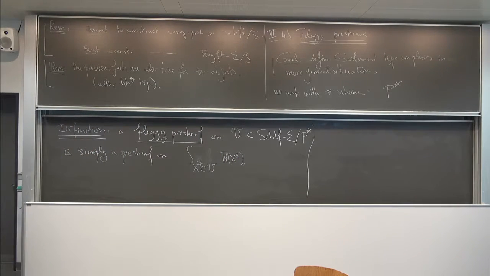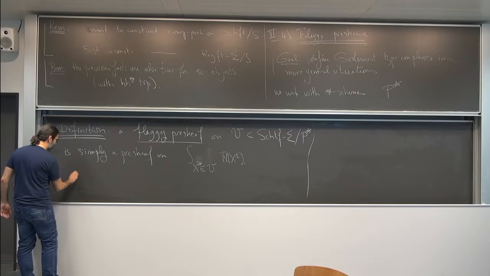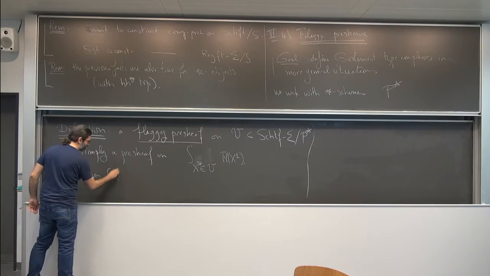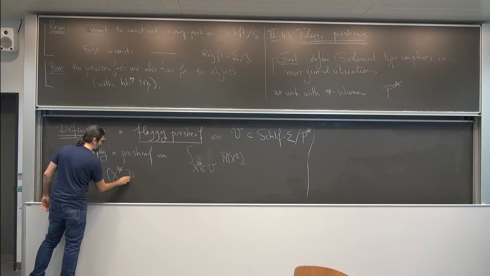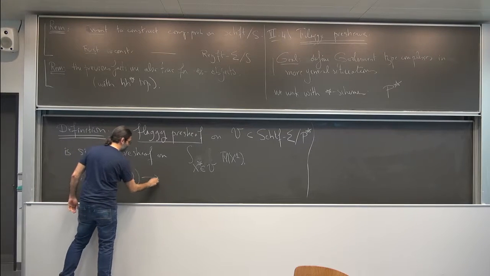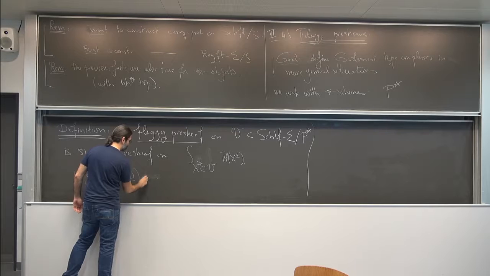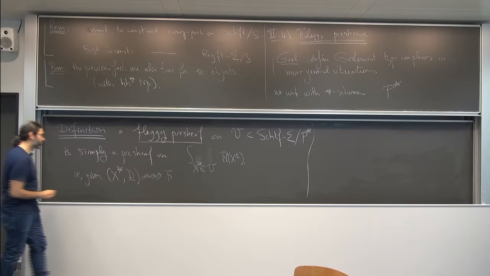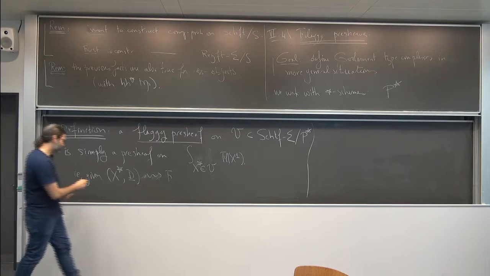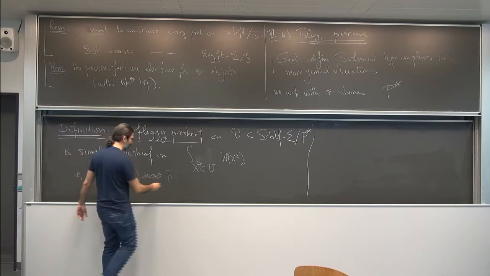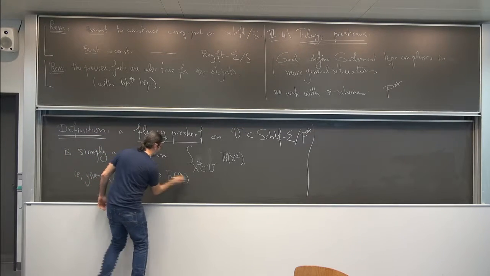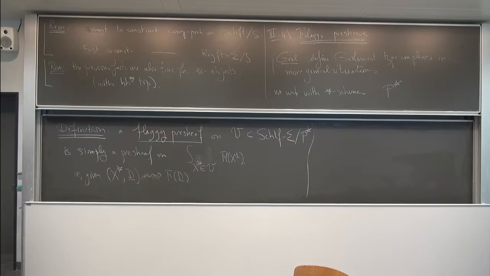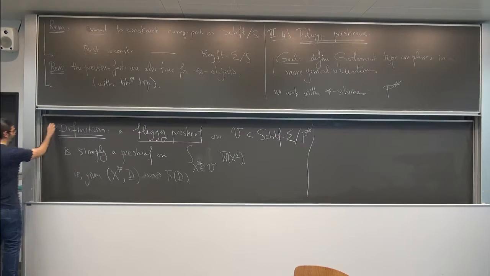Okay, so this means that, given a pair of a star scheme and a flag, we associate to this an object F, which I will usually, to avoid confusion, simply write as F of D. Of course, it depends on X, but we write it like this.